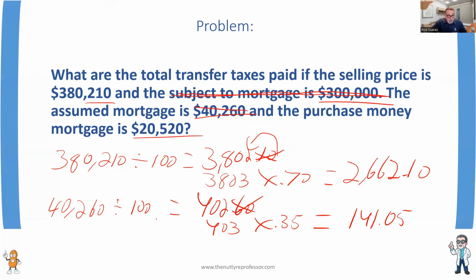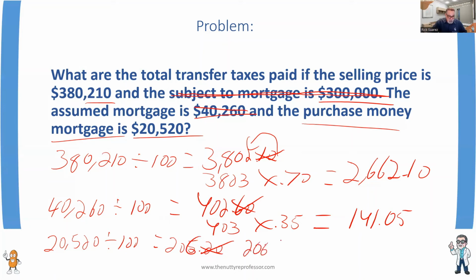This is an assumable. You only pay the note. But here on the purchase money mortgage, this is a new loan. So a new loan pays what? Pays the note and the intangible. So let's do the note first. 20,520 divided by 100 is 205 with 20 cents. Again, cannot have this, must go to 206.